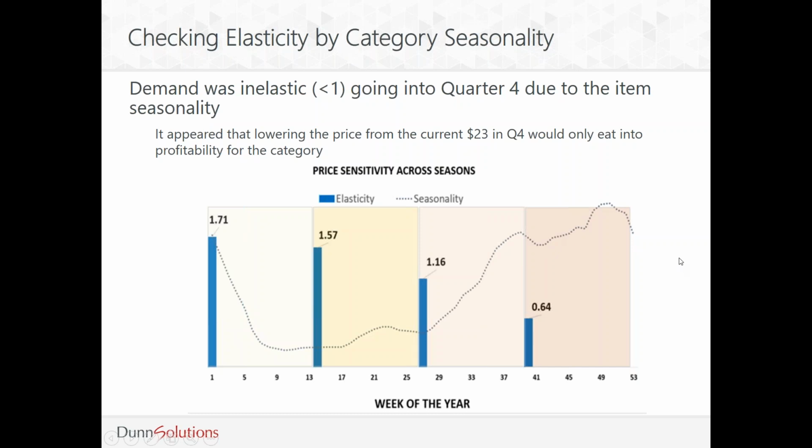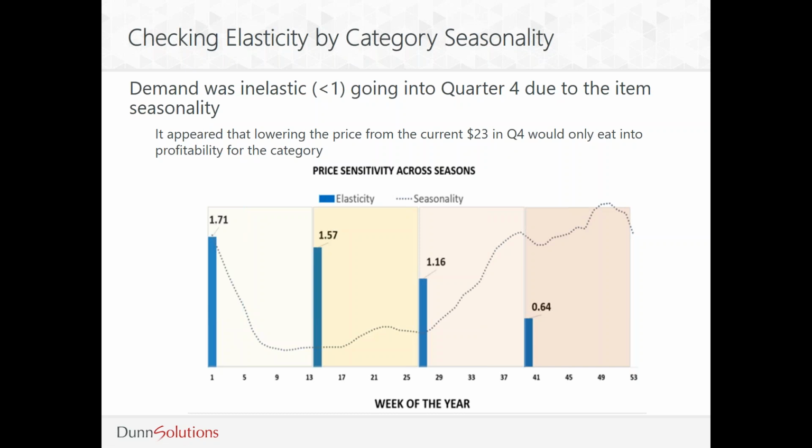Whereas in January or February or March, why would I buy the old edition unless you really give me an incentive to do so? So it appeared that lowering the price from the current $23 in quarter 4 would only eat into the profitability of the category.